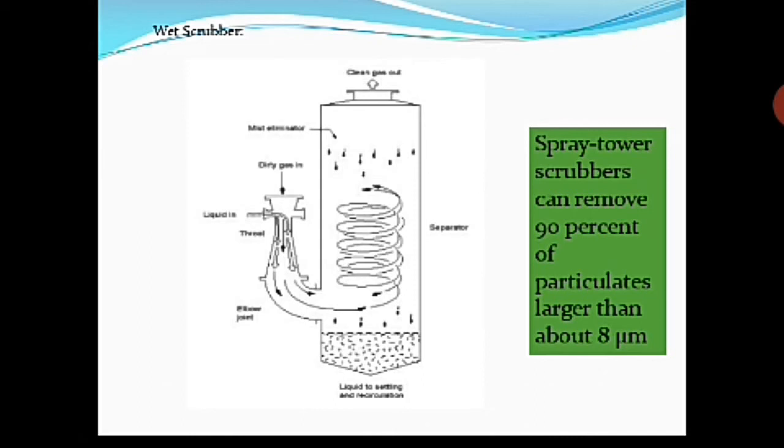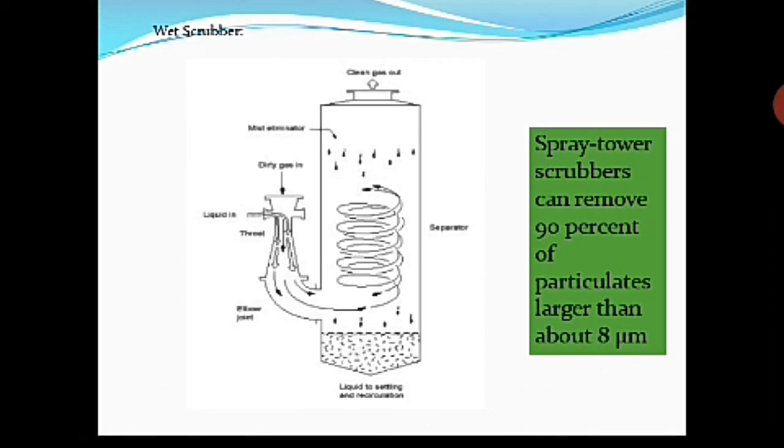That water is collected at the bottom of this tower, and that can again be separated and recirculated within the same system, while the clean air is allowed to pass out from the top side end.